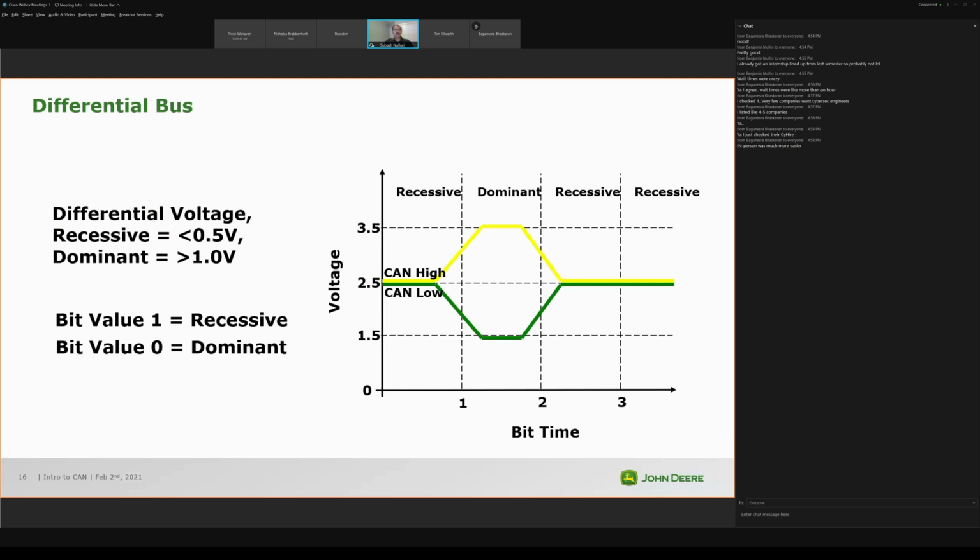Both the signals, the CAN high and the CAN low, are biased at 2.5 volts. As the data comes in, bit 0 or bit 1, the delta changes between these signals. That's how the controller or the hardware detects whether the bit is 0 or 1.